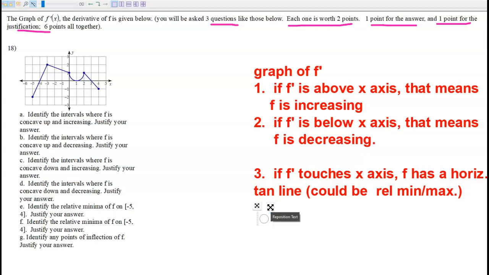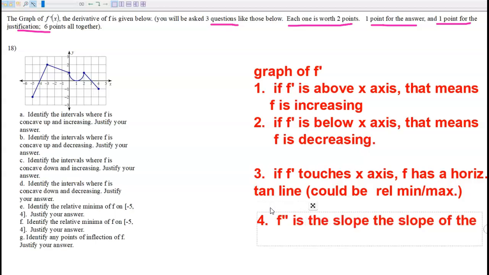If this is the graph of f prime, then that means that f double prime is the slope of this graph. So f double prime is the derivative of f prime, which means that f double prime is the slope of f prime. So, for instance, whenever this graph has a positive slope, that means that f double prime is positive.